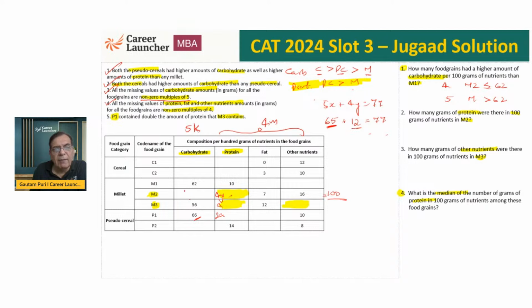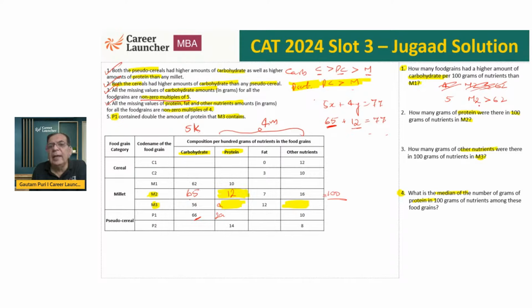I am removing this 5x and 4y now. 65 and 12. Okay. So 65 and 12 becomes this particular thing. Now, what will be the answer for question 1? Question 1, the answer will be 5.